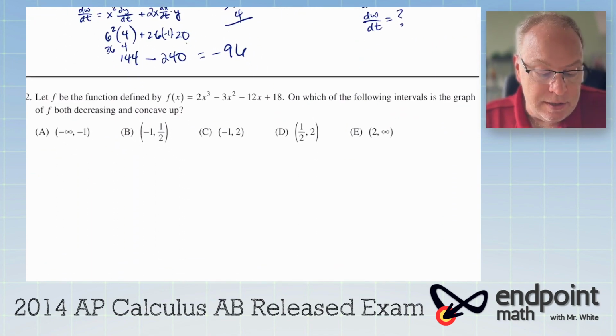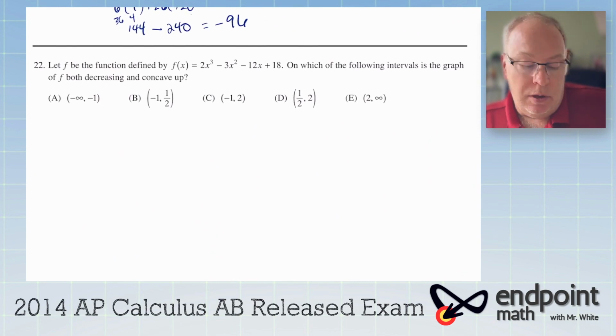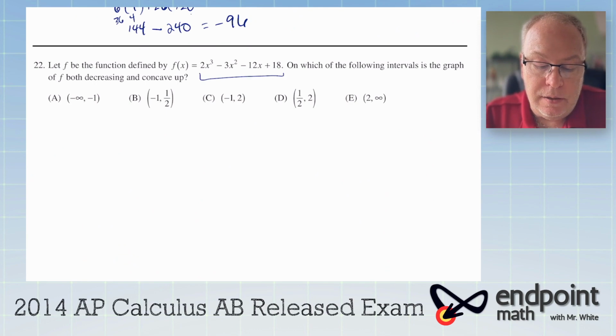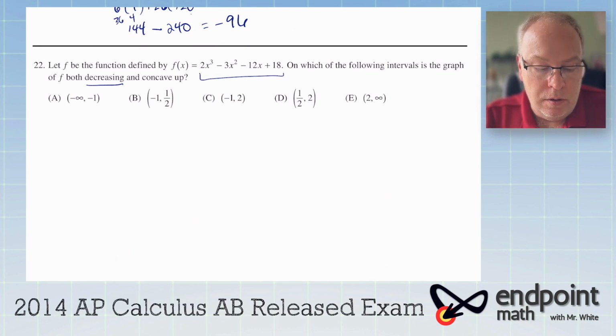One more question on this video. This is a little bit of a longer one. Let f be the function defined. We've got a cubic. When is it decreasing? Okay, so what are we looking for? The function f will be decreasing when the first derivative is negative.